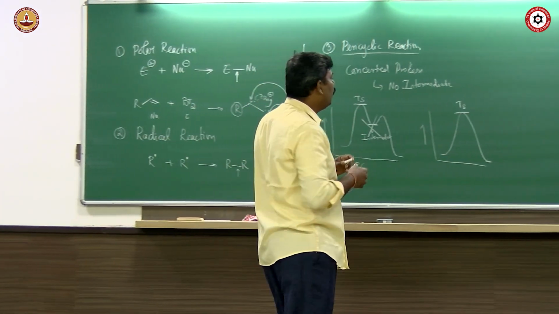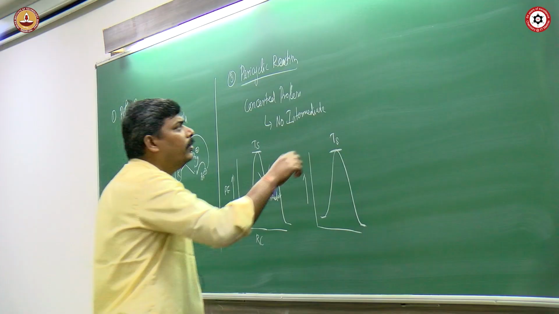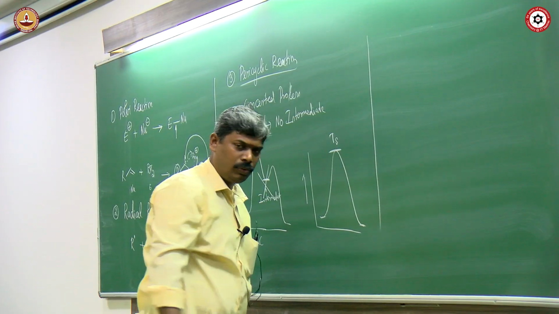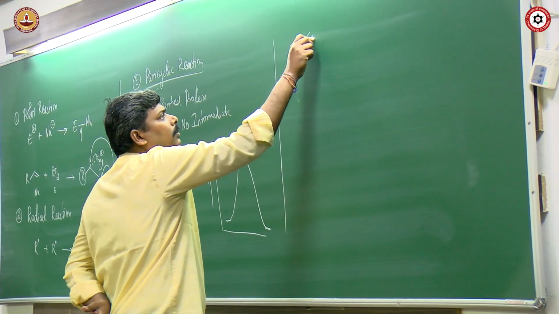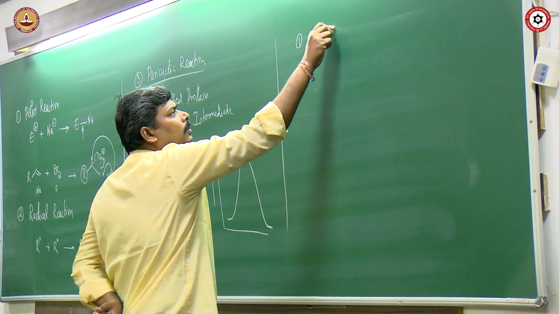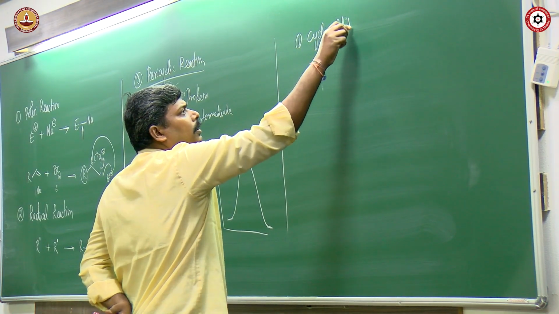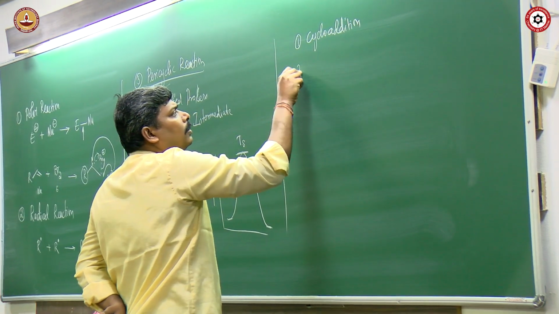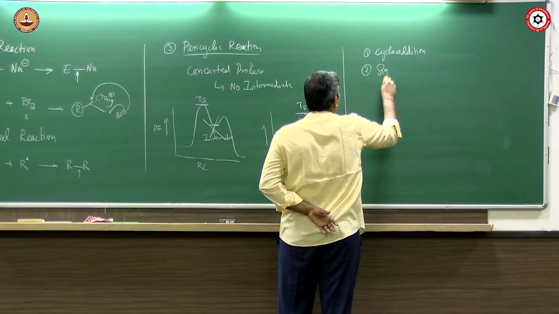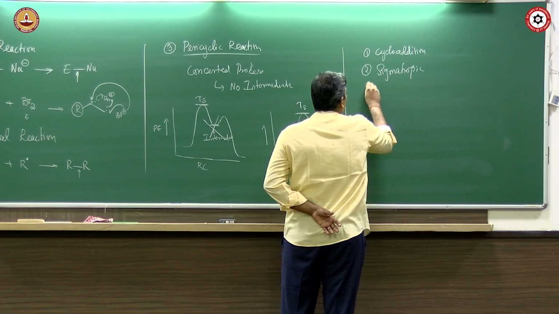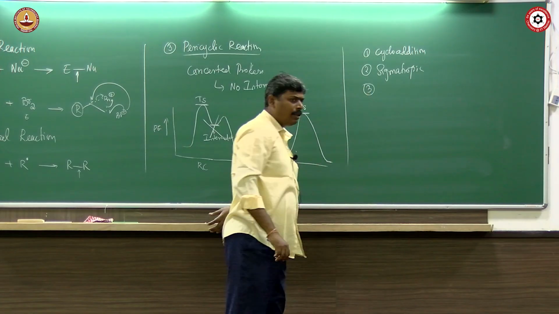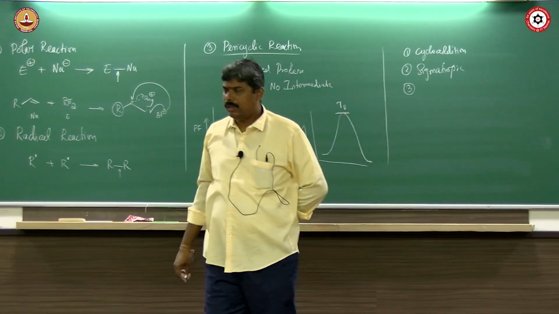Okay, so now tell me, what are the types of pericyclic reactions which you know? Cycloaddition, then a sigmatropic. Very good. What is next?